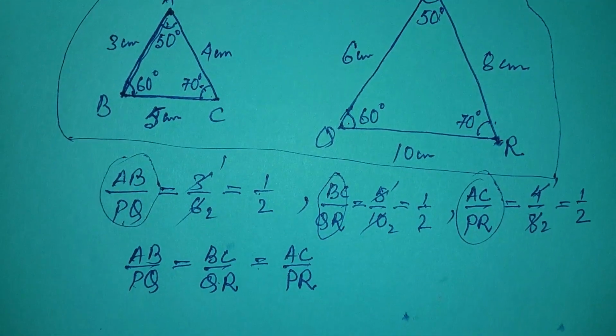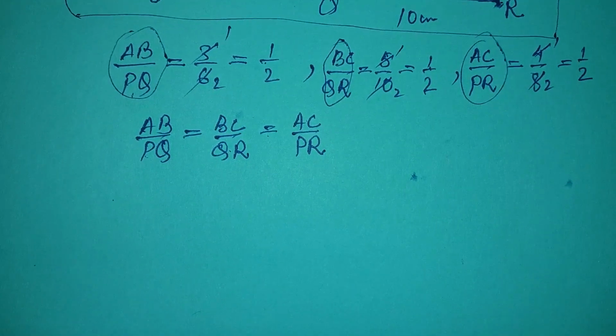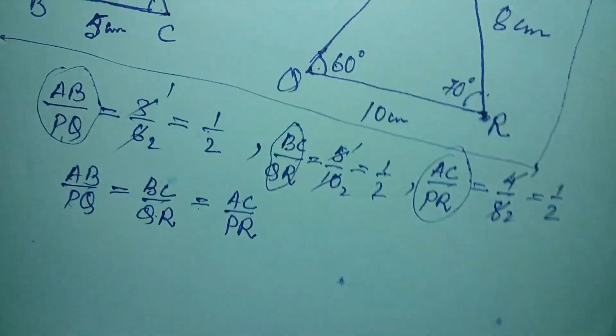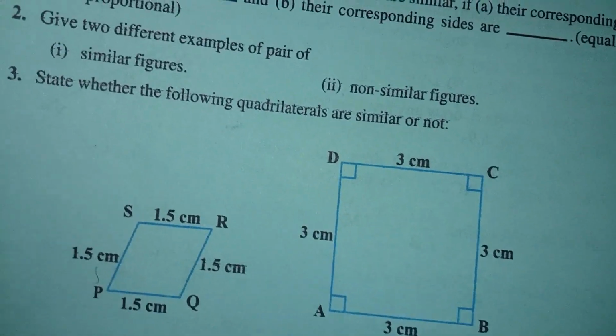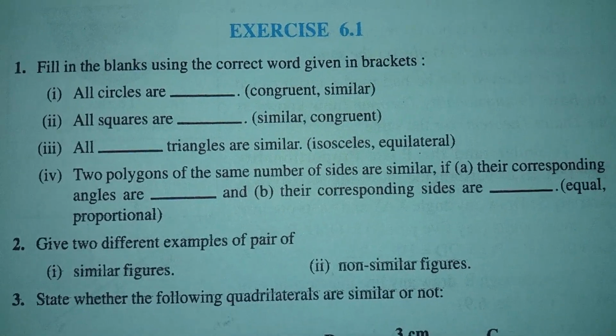In this chapter there are theorems on the similarity of triangles, so we will be doing them one by one along the way. Now first let us go to exercise 6.1, that is the first exercise.